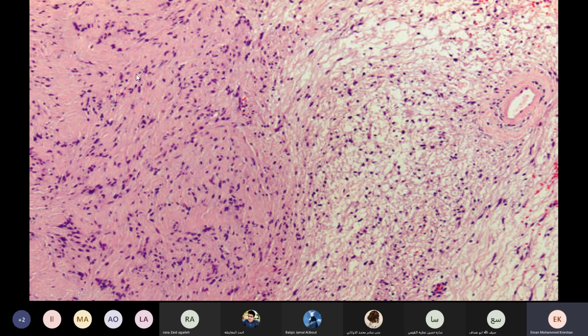In the hypercellular areas, the cells are arranged packed wall to wall, while in the hypocellular areas, there will be a myxoid background and scattered cells. We have hypo and hyper, Antoni A and Antoni B. Remember that. Antoni A is the hypercellular area and Antoni B is the hypocellular area.